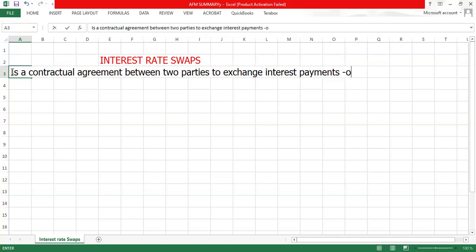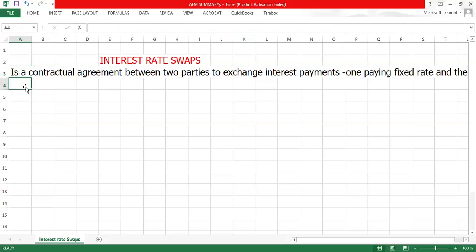One will be paying a fixed rate, and the other will be paying a floating rate.